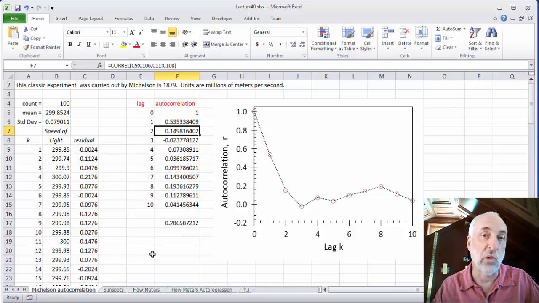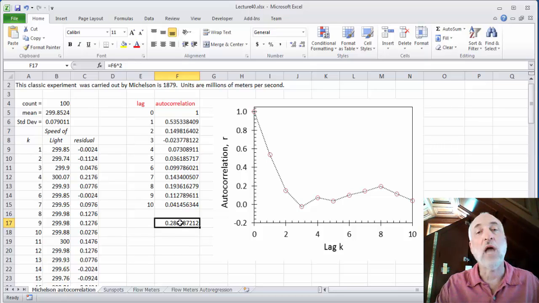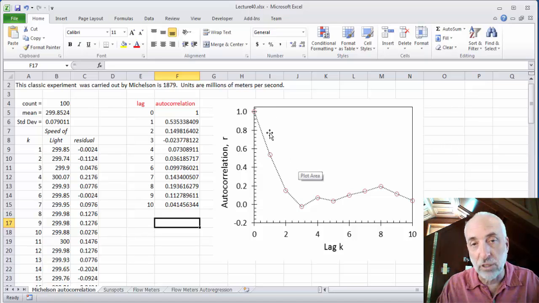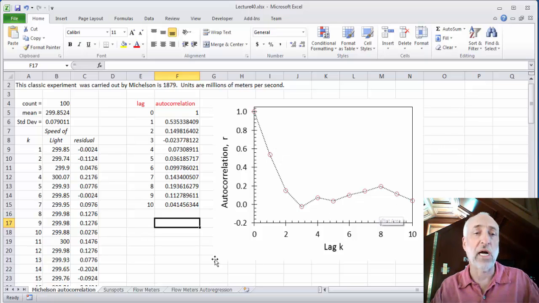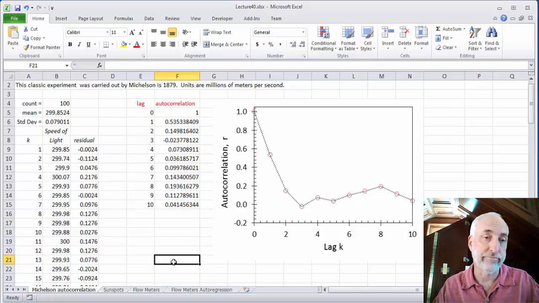Instead, I get 0.14. So it is lower, but probably not a statistically significant difference. In any case, I think the assumption of an exponentially decaying autocorrelation function, which is what an AR1 model predicts, is supported by this data. We'll come back to that if we were to try to correct for it. We would need to know that.